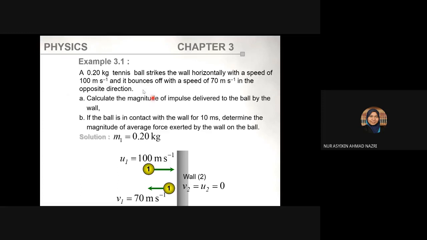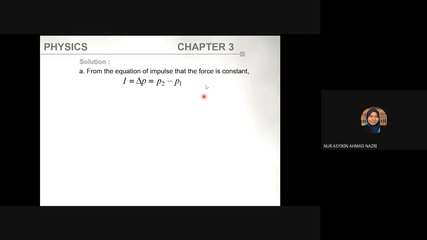Impulse, we simply take it as the change of momentum. You need to find the momentum at first as it strikes the wall, and then after striking the wall is your final momentum. Then you just subtract those two momenta and you get your impulse.